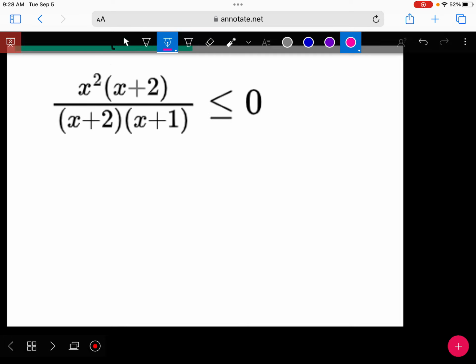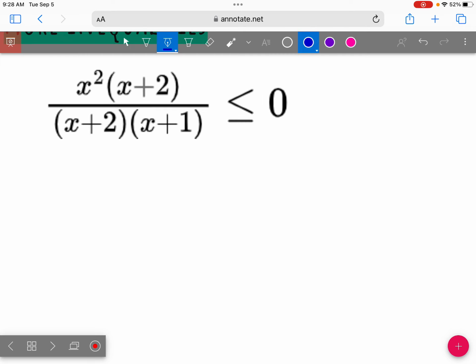So what are the pieces up here that are going to make things 0? When is this guy 0? x squared: when does x squared equal 0? When x equals 0.